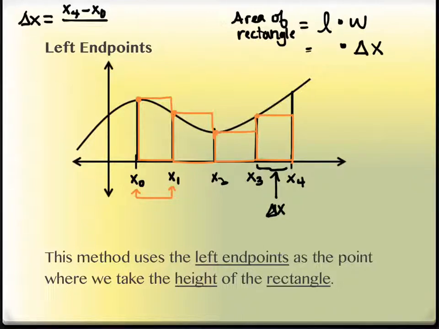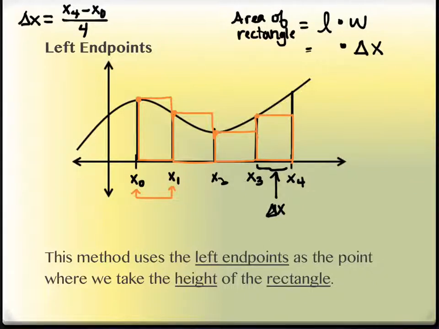The distance between the first value, x0, and the last value, x4, and then divided by 4, because I divided into 4 rectangles. So in general, delta x is going to be the last value minus the first value divided by however many rectangles you're working with. So if you're working with 10 rectangles, you divide by 10. Okay? So the width is the easy part.